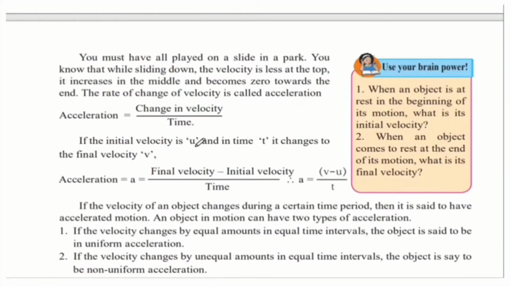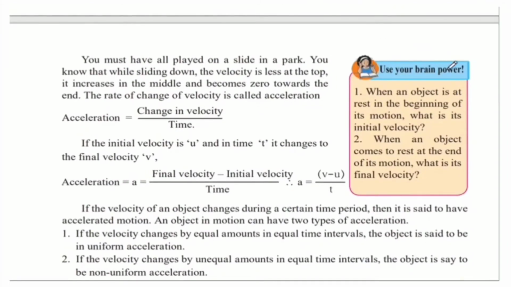So we have to just substitute these into the formula. Acceleration a would be equal to final velocity minus initial velocity upon time. So change in velocity is equal to final velocity minus initial velocity. So we put this in the formula and we get a is equal to v minus u upon t.